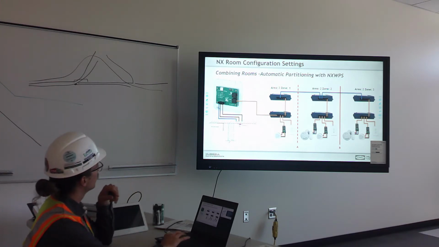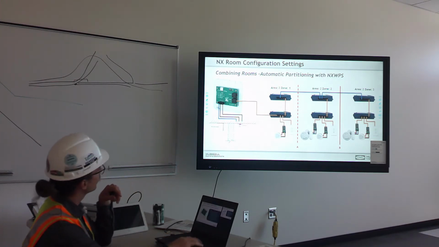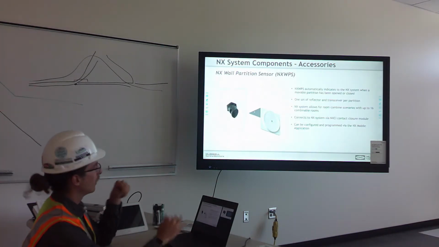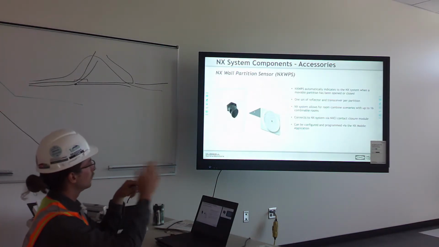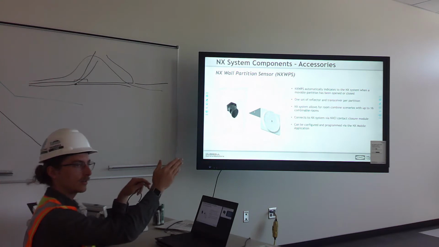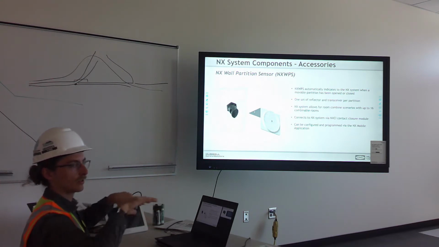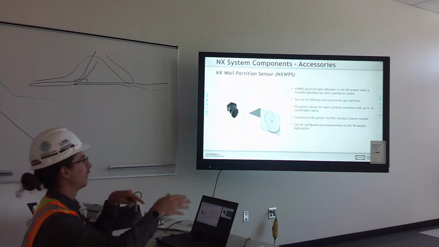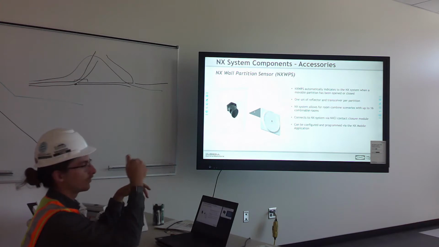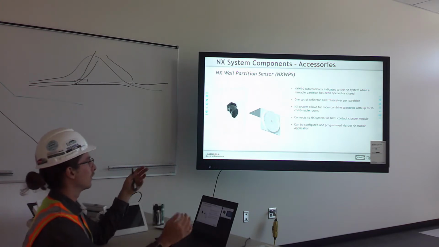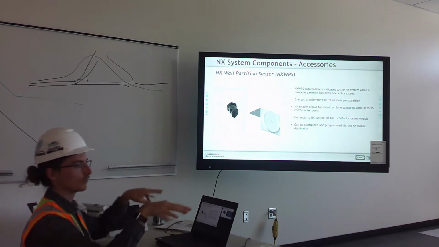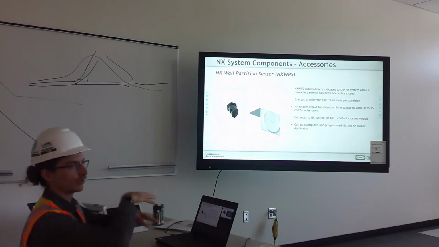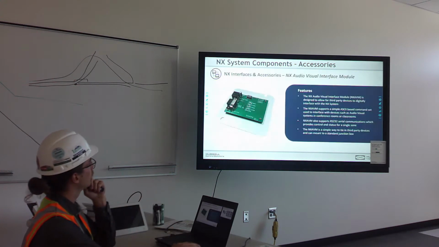This device takes in that laser sensor that senses when the beam is cut, and it separates the rooms so that they don't work together. When the beam can reflect back to itself, it creates one zone out of the room.